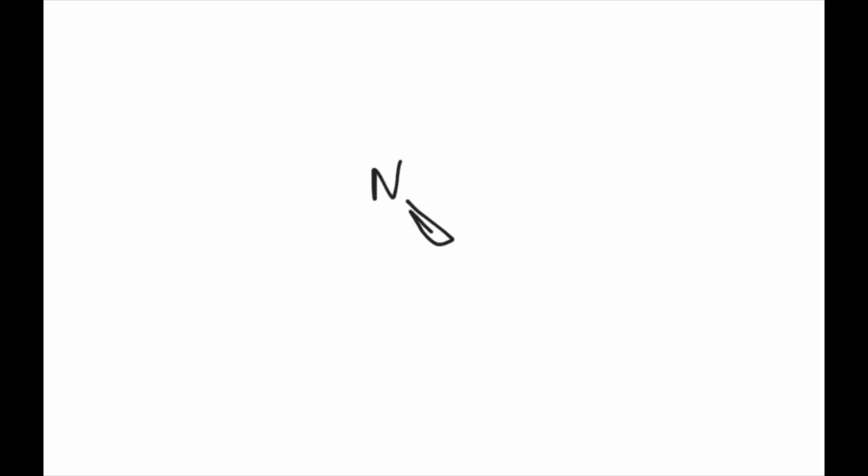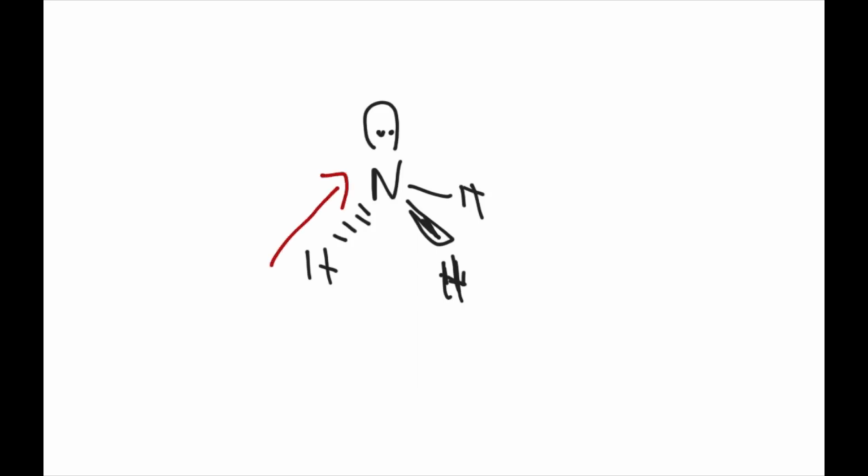Ammonia had the shape of a pyramid, and the lone pair of electrons sitting up top. Now again, nitrogen is more electronegative, so the vectors for the dipoles all come towards each other.